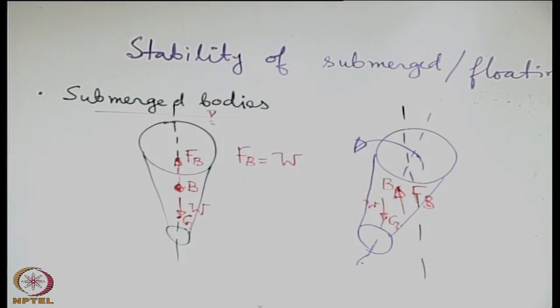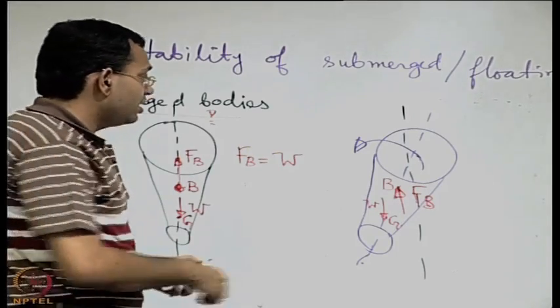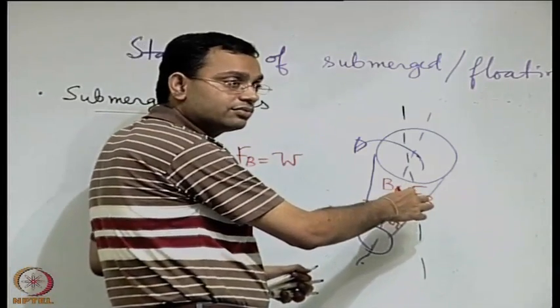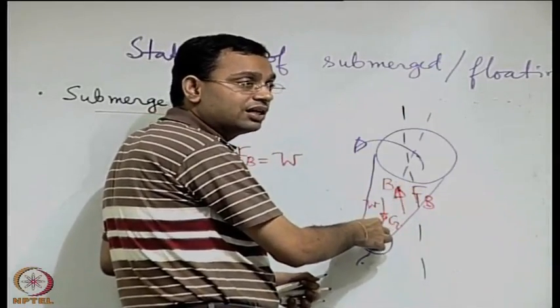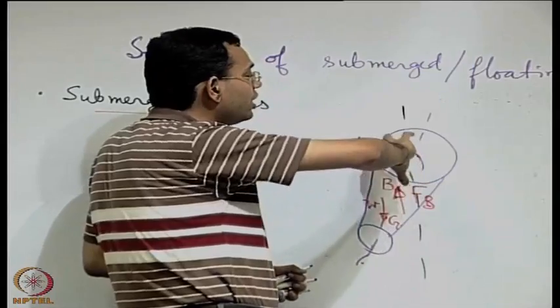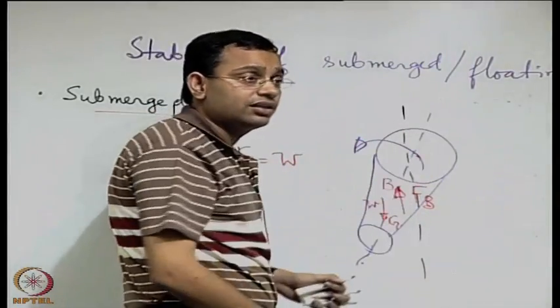So we call it a restoring moment. On the other hand, if G was above B, then this would have been downwards and this would have been upwards, and that would have tried to increase the angular displacement even further.